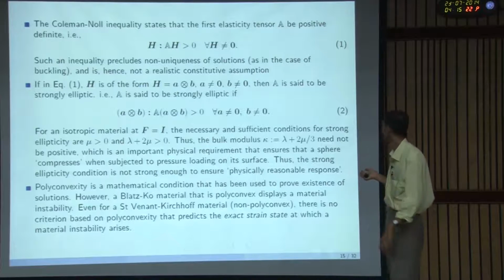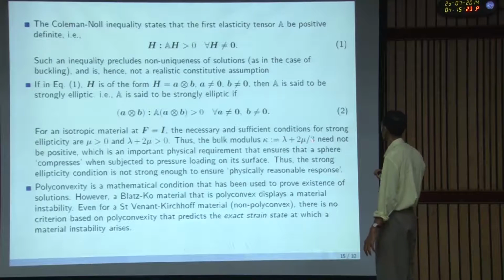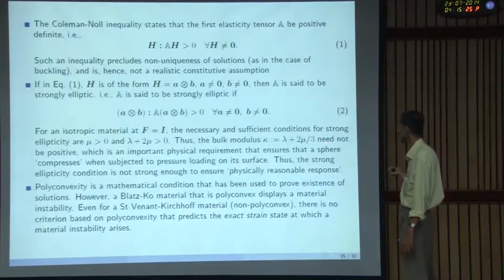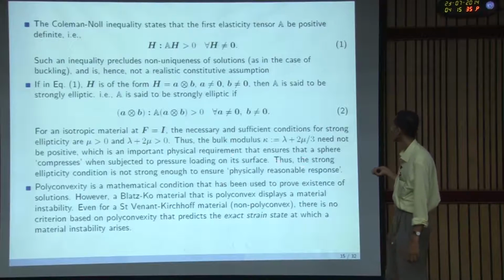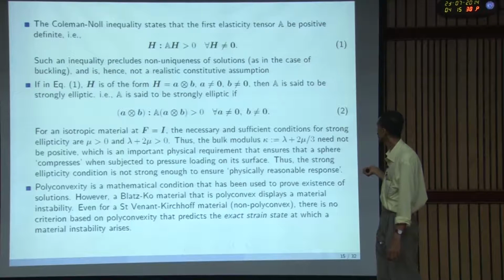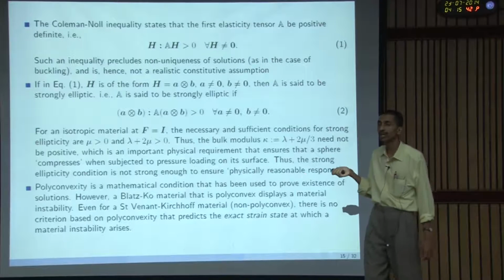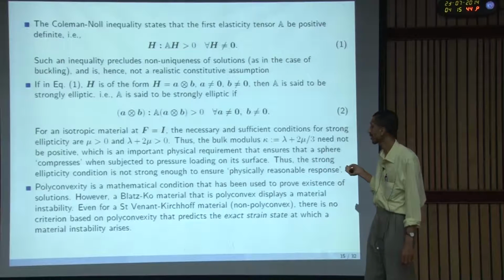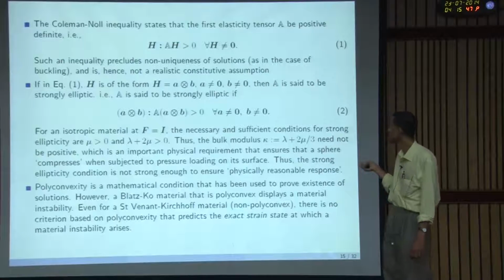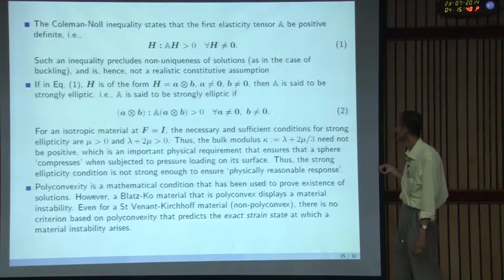That is encapsulated in lambda plus 2 mu by 3 being greater than 0, and this inequality does not imply that. This is a very important physical requirement. So the strong ellipticity condition is not strong enough to ensure physically reasonable behavior. That is one shortcoming of the strong ellipticity condition.